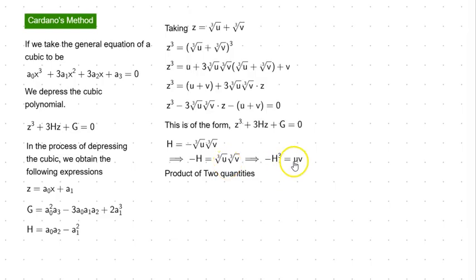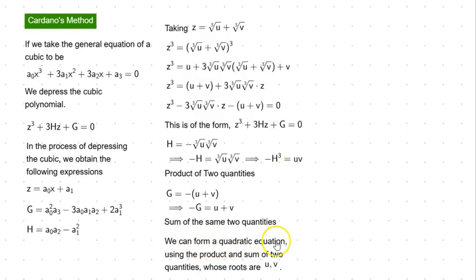If we take the cube on both sides, we get −h³ = uv. So we have got the product of two quantities u, v. Now g is equal to −(u + v), which implies −g is equal to u + v, the sum of the same two quantities u and v.